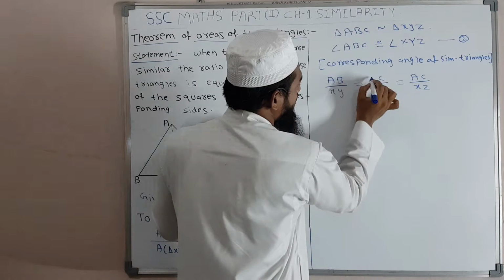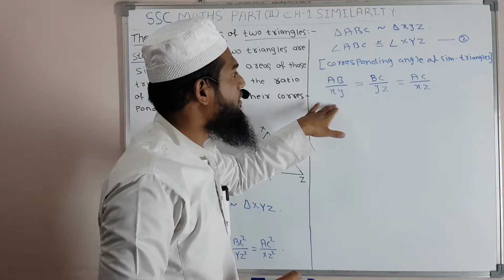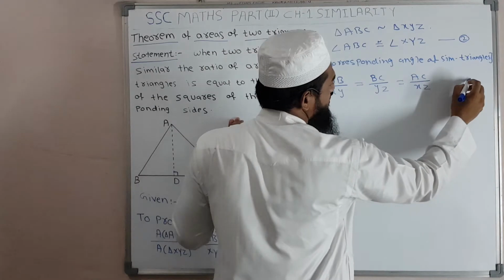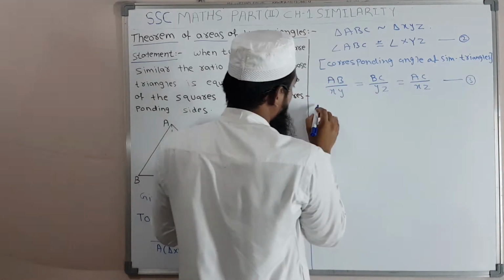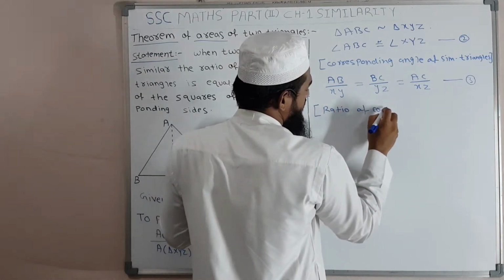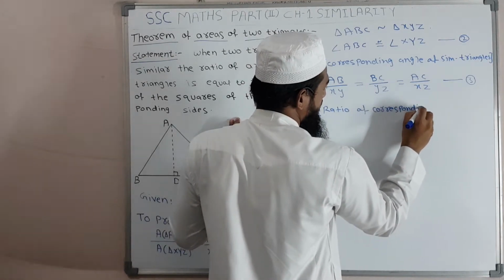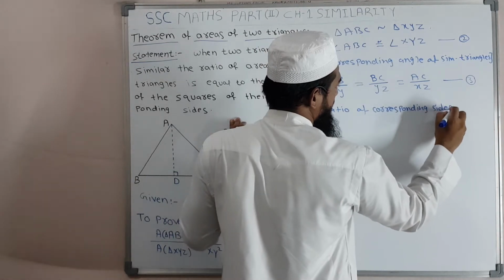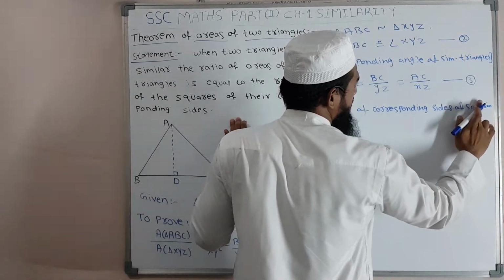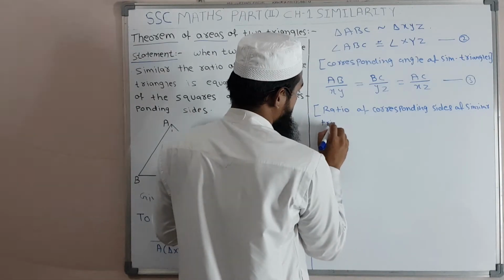What is the reason here? Ratio of corresponding sides of similar triangles. I am giving it as equation number 3.